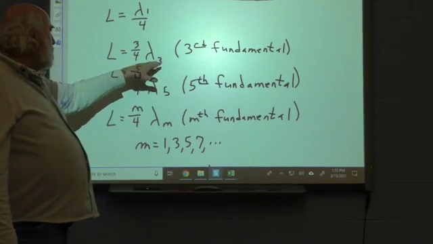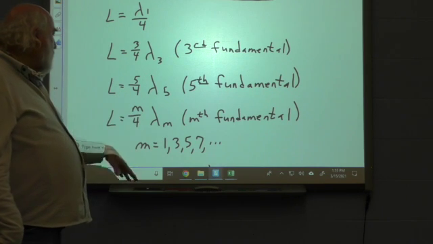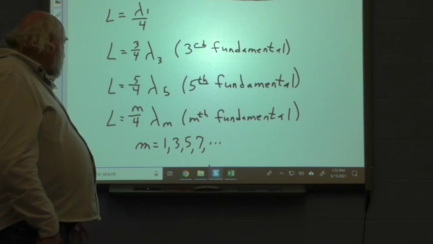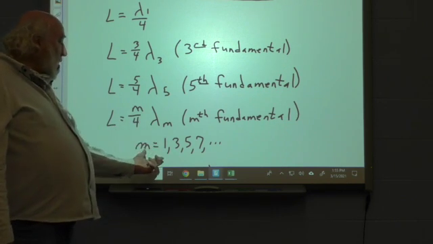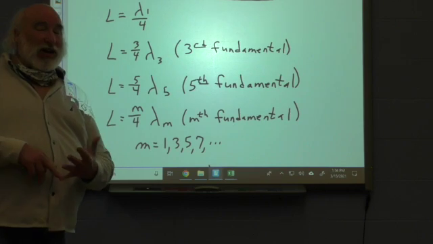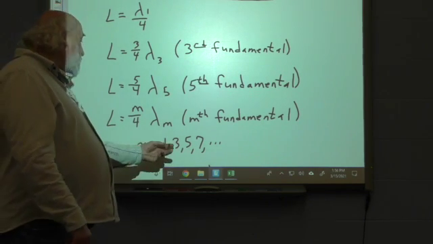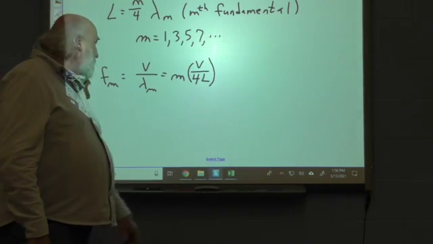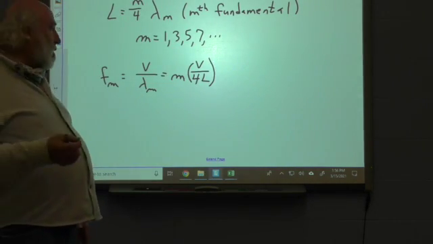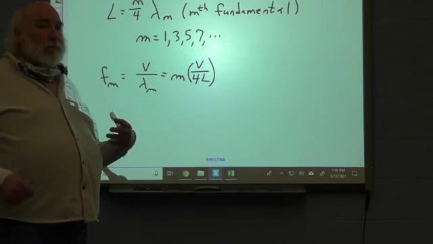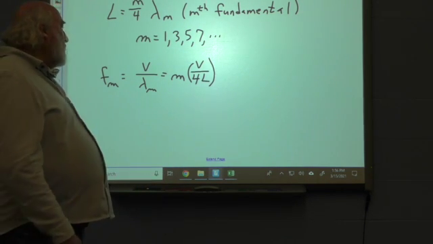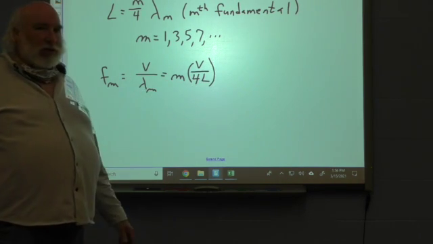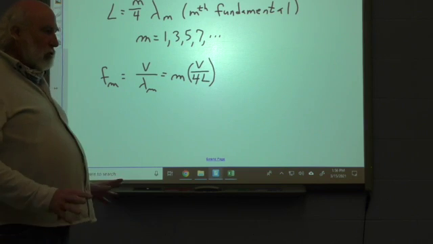So you have 3/4 of lambda, 5/4 of lambda, and m over 4 times lambda m. Now m is odd numbers. There are no even numbered values for that: 1, 3, 5, and 7. And therefore the formulas we use are going to be slightly different, but majorly different, because of the 4 instead of the 2 here, and the fact that we never use even numbers for this. So keep those handy.